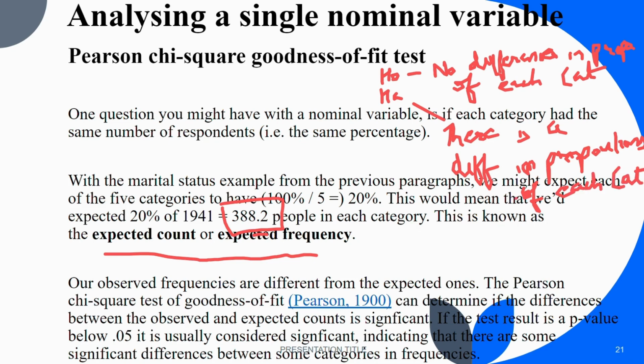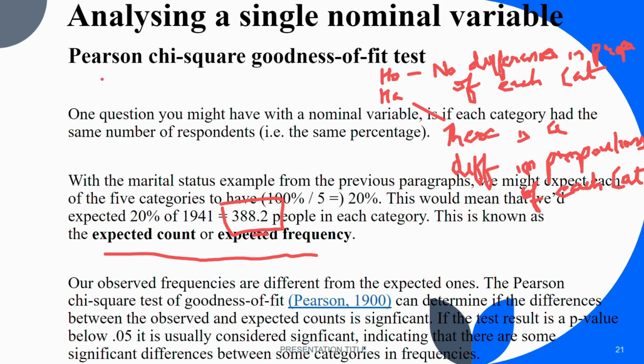That means some category is high, some is low. We are not concerned with which is high and which is low. We are only checking if there is a difference in the proportion or if all are equally distributed.